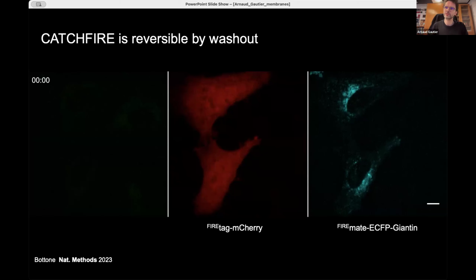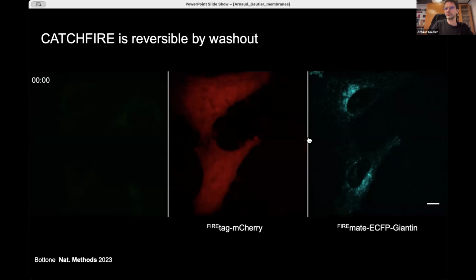So ideally, you want something where you can induce interaction by addition of the small molecule, and stop the interaction simply by washing it out. The interesting feature of the system is that the MATCH molecules we use are highly cell permeant, and we can really induce rapid dimerization. But they are also washable, and like this we can really turn off the interaction.